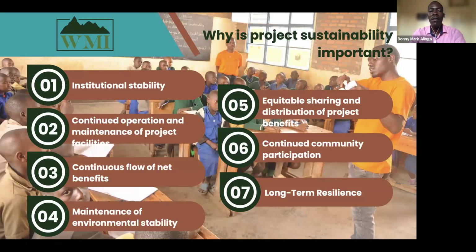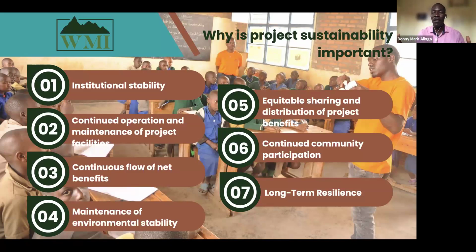Thirdly is the continuous flow of net benefits. Every sustainable project has cash flow benefits. Well, one will say, I'm running an NGO, but you need cash flow benefits on that. So you cannot run an NGO and be a successful NGO without thinking, how will I continuously get funding to run my activities?